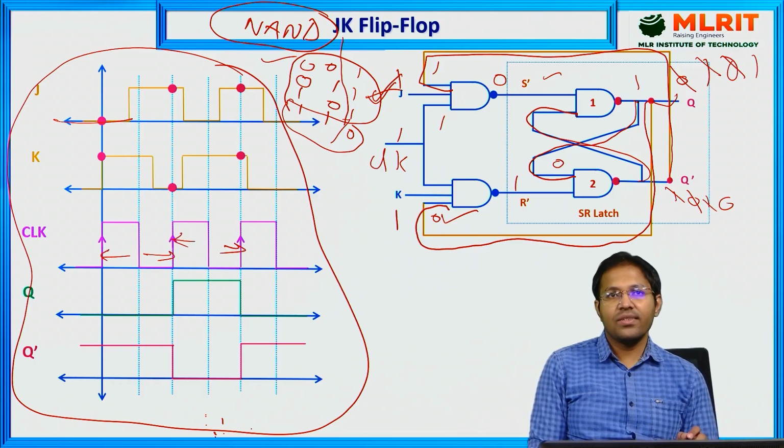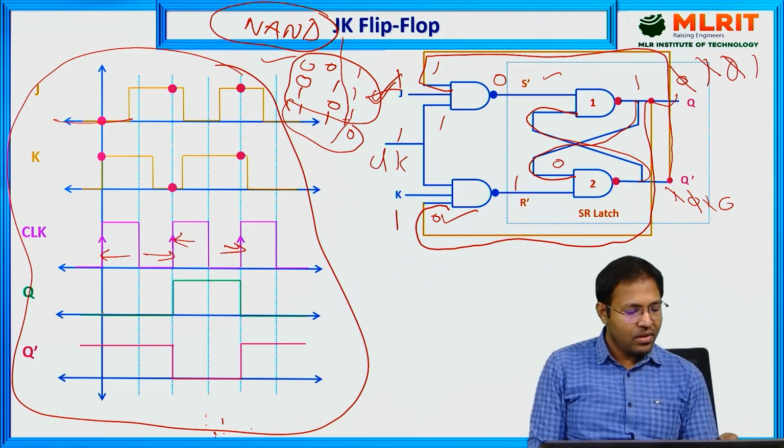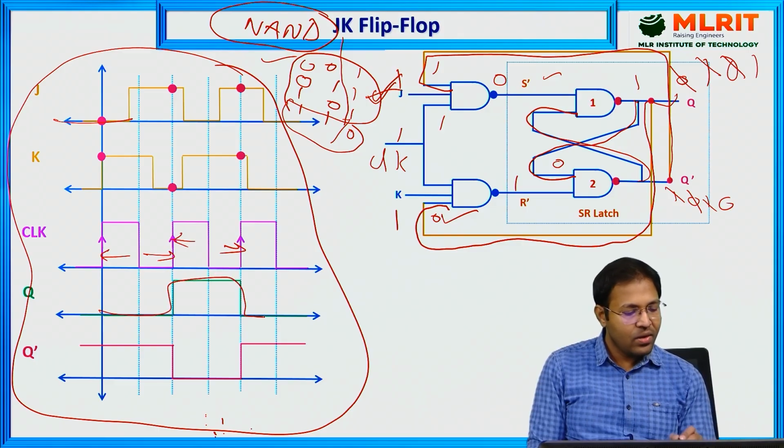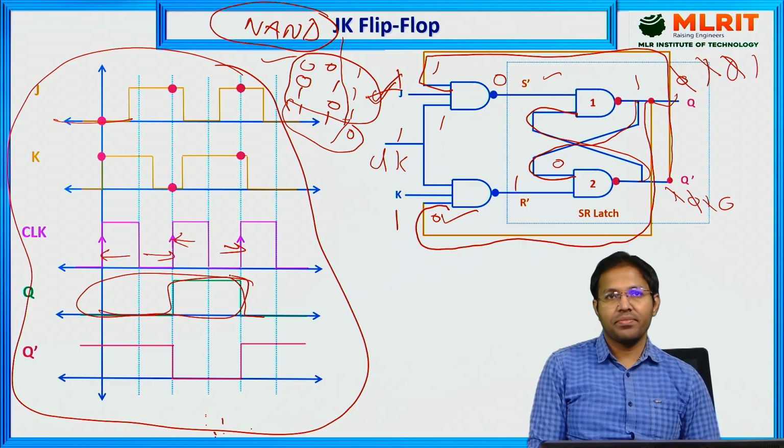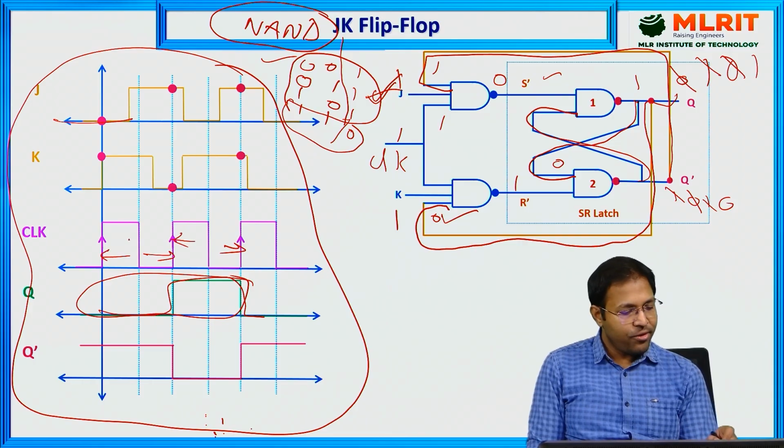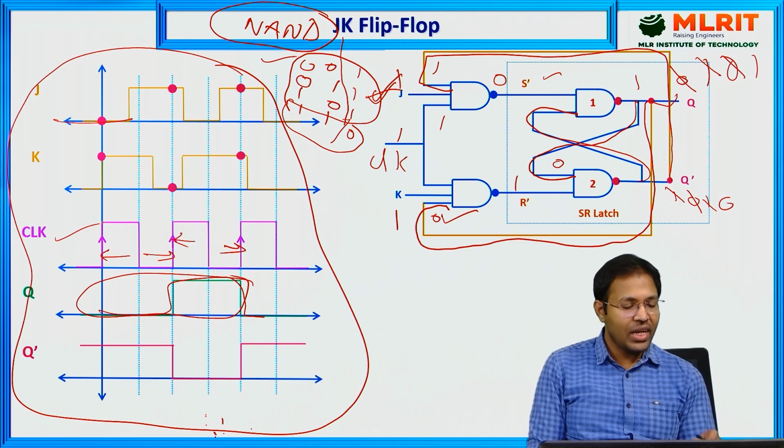So for two cycles, we have only one time period of the output. For two time periods of the clock signal, we have only one time period of the output.